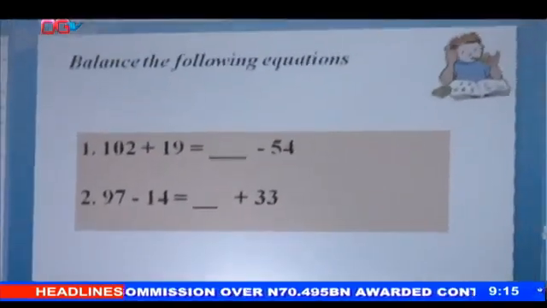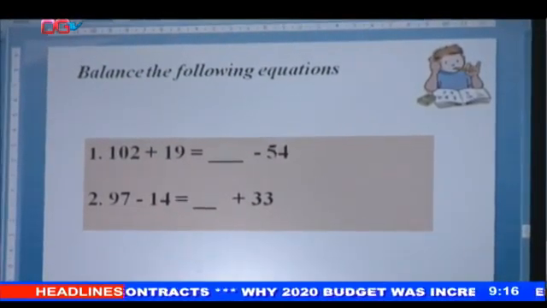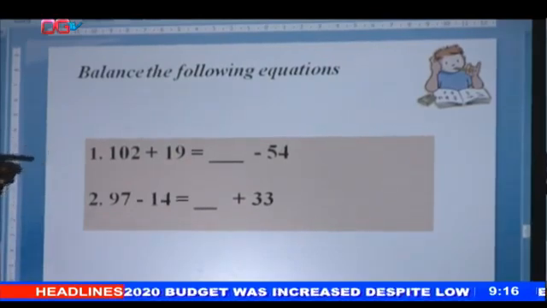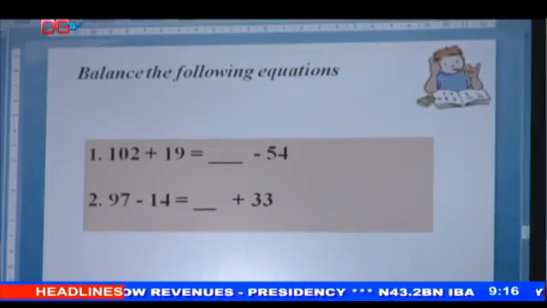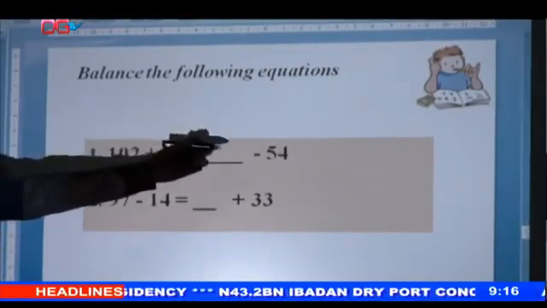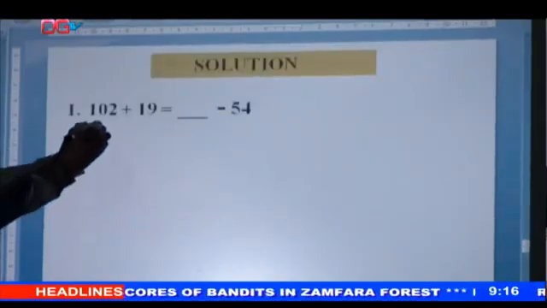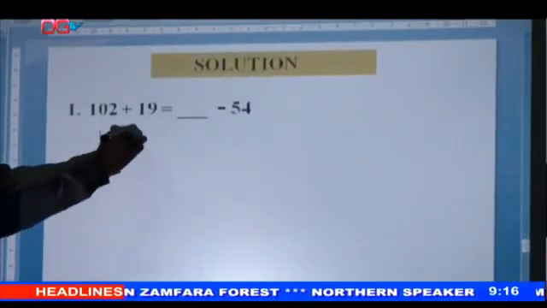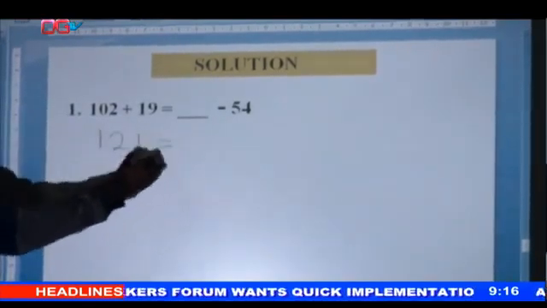Now what do we have here? Balance the following equations. 102 plus 19 equals dash minus 54. Now it means we are going to look for the number that is missing here. 102 plus 19 gives us 121 equals dash minus 54.